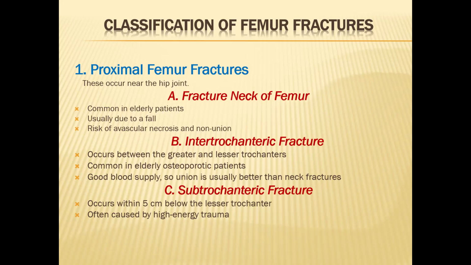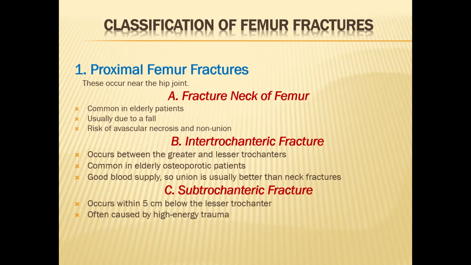So we can classify the fracture of the head of the femur according to their displacement also. So in this picture, we can see different types of the fracture of the neck of the femur. If there is an incomplete fracture, this will be type 1.